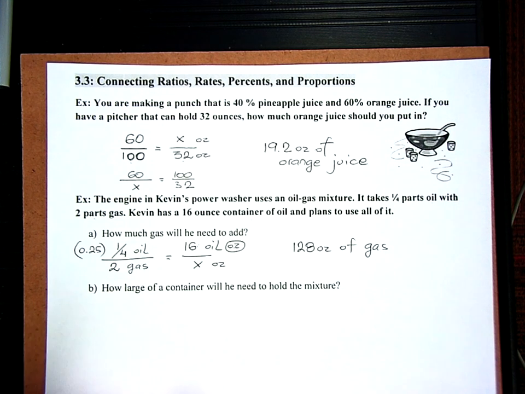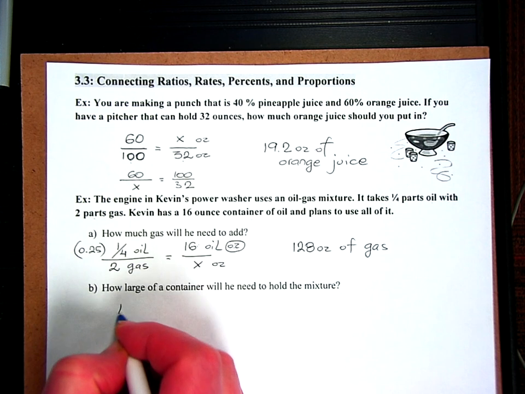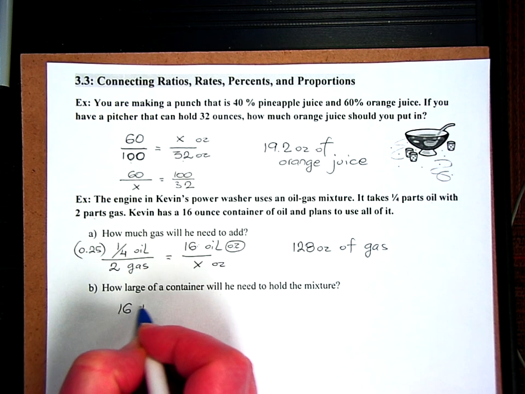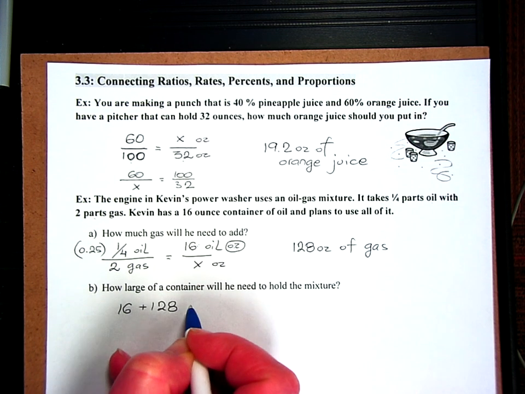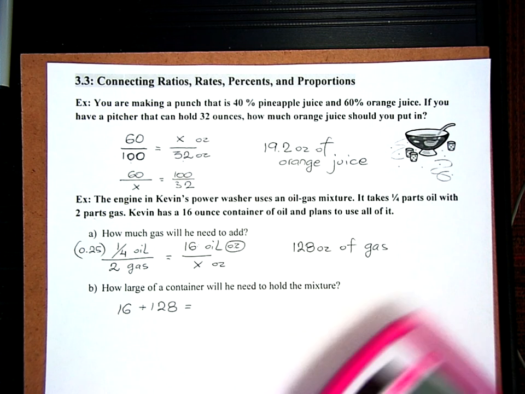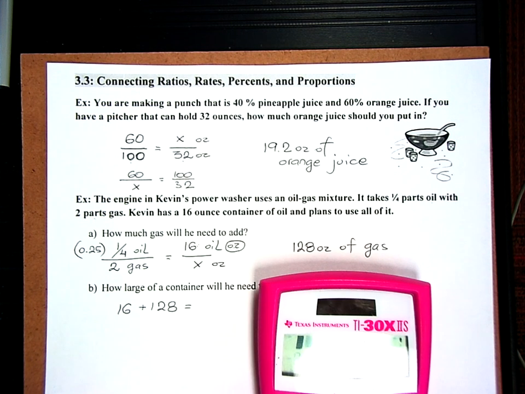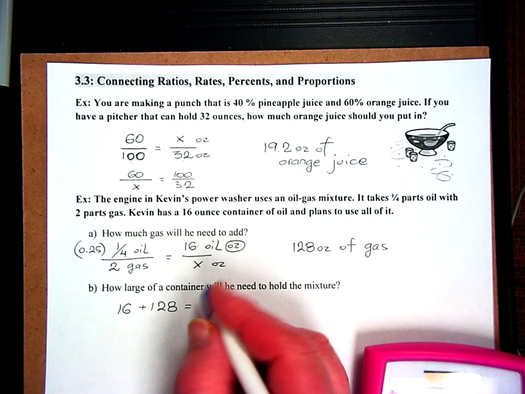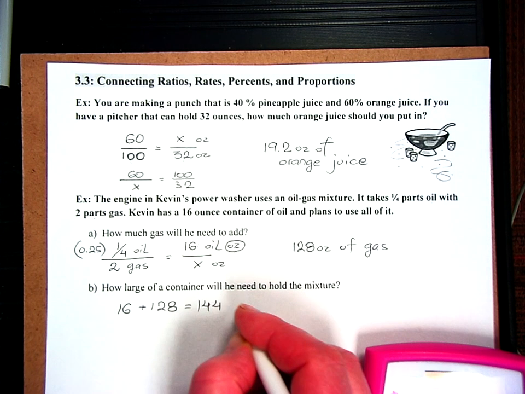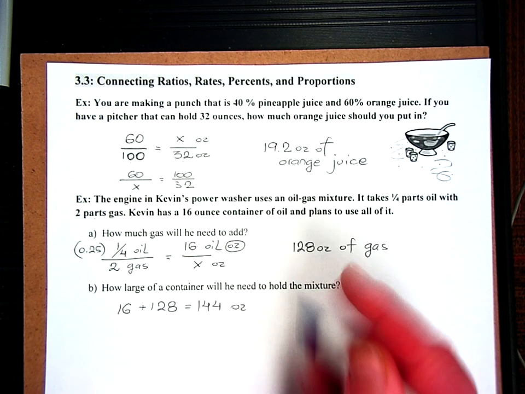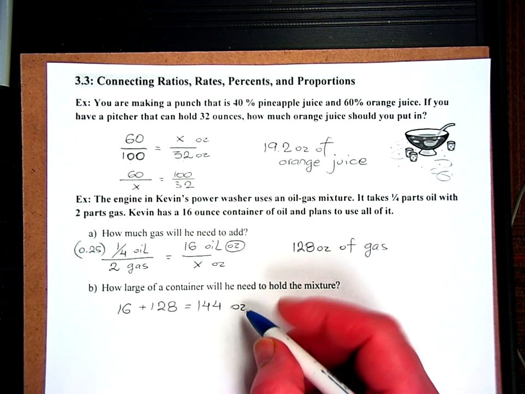So the container would have to be able to hold all the oil we put in and all the gas we put in, which would actually be 16 ounces of oil plus 128 ounces of gas, which will give us 144 ounces container. Now, you probably would want a little bit more so it doesn't spill over.